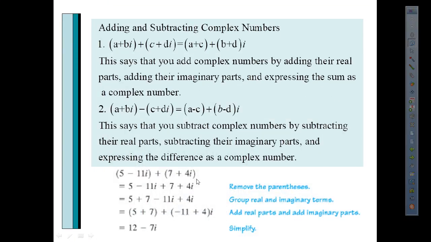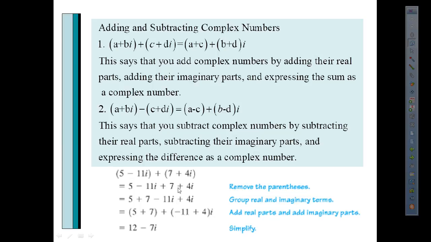All right, down here at the bottom there's an example. We've got 5 minus 11i plus 7 plus 4i. Since we've got the plus, we can just remove the parentheses. There's no change to this, and we're going to have 5 plus 7 gives us 12, and I'm skipping a couple steps here, because you guys are smart enough, you can do this. Just understand what you're doing.